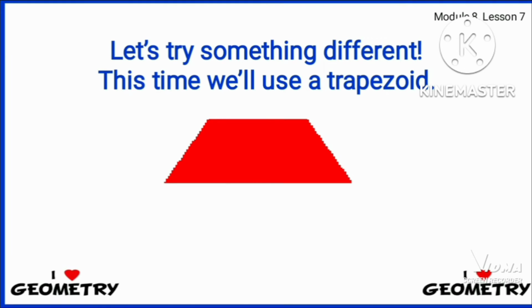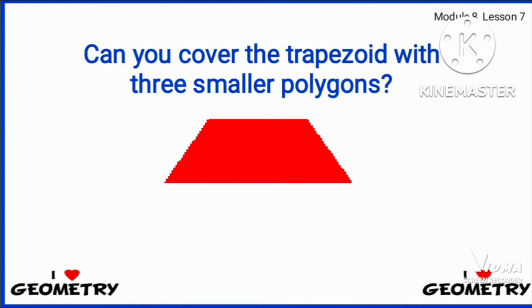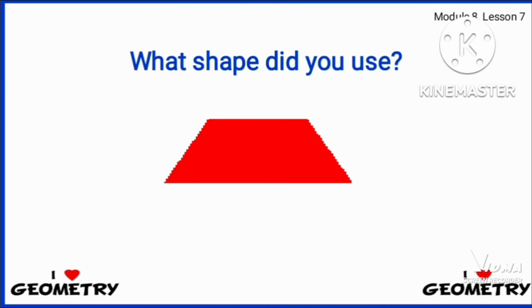Now this is a trapezoid. What can we use to cover this trapezoid? Let us try a polygon that can go into it like 3 times or so. Let's see.